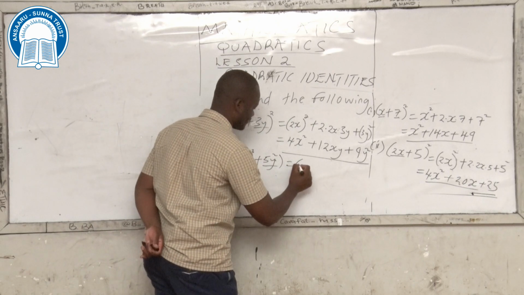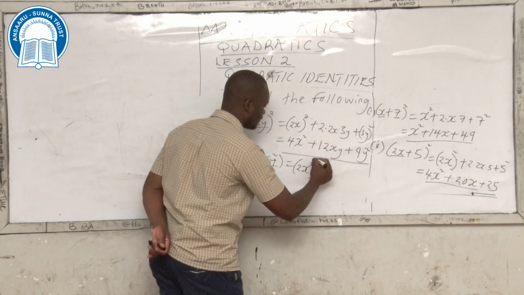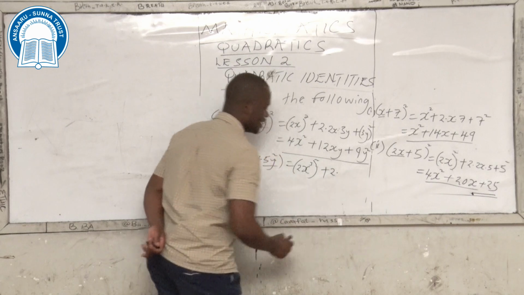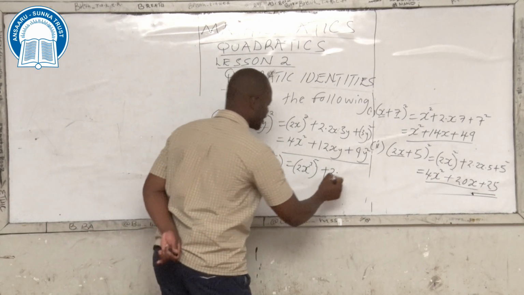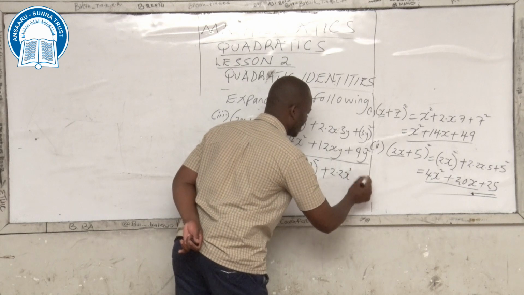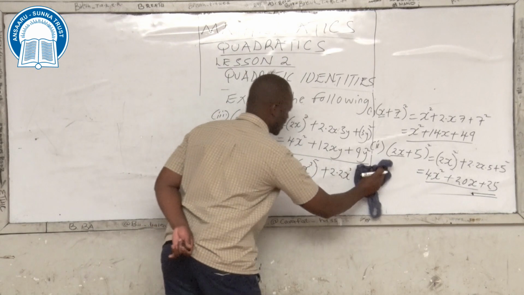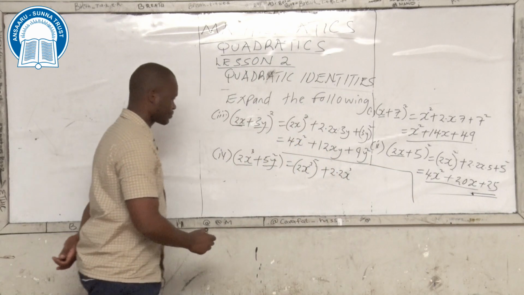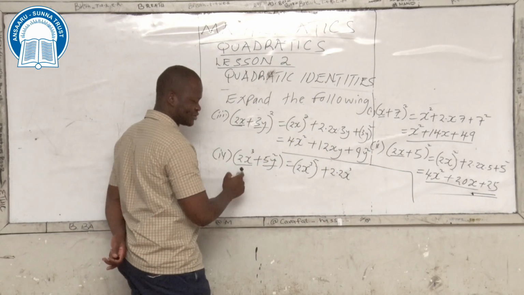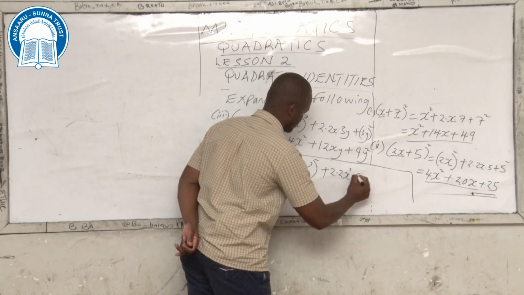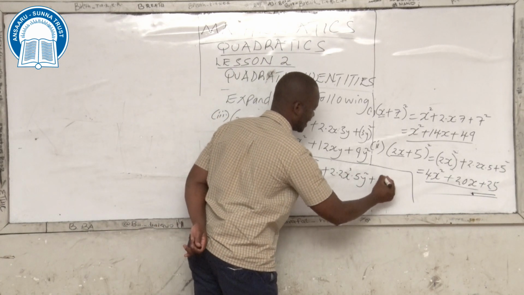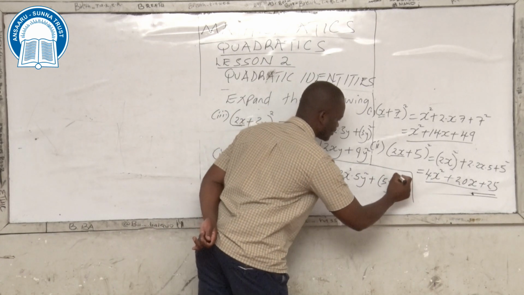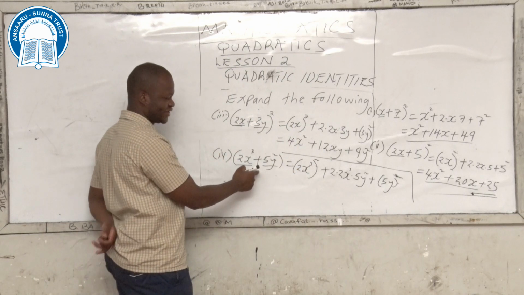So we have the square of the first term plus 2, the constant, times the terms in the brackets, so 2 times 2x cubed times 5y squared, plus the square of, of course, the second term in this bracket.